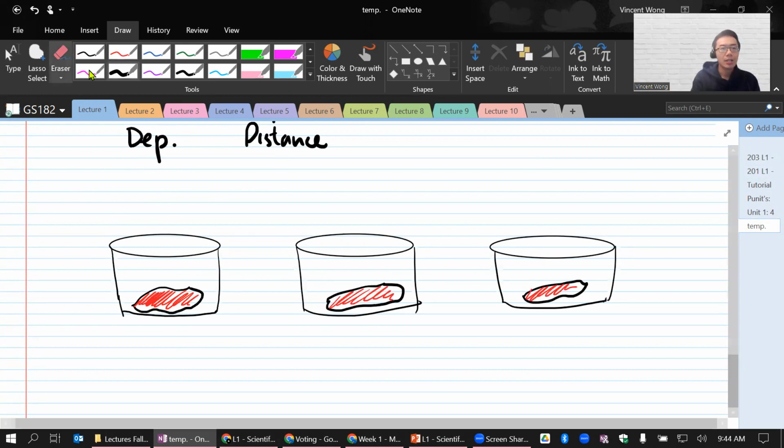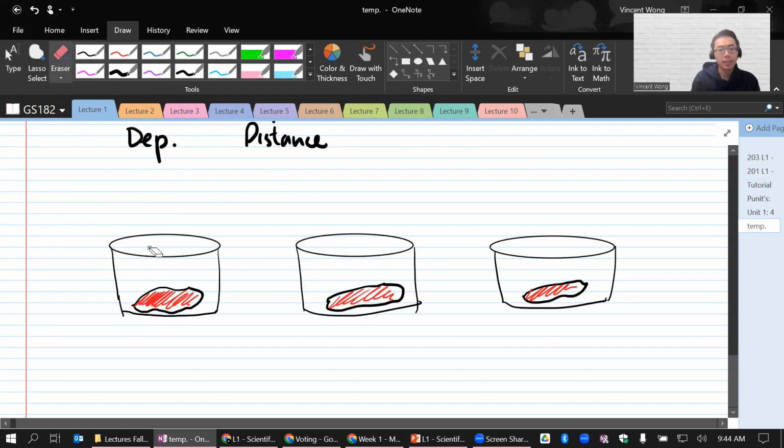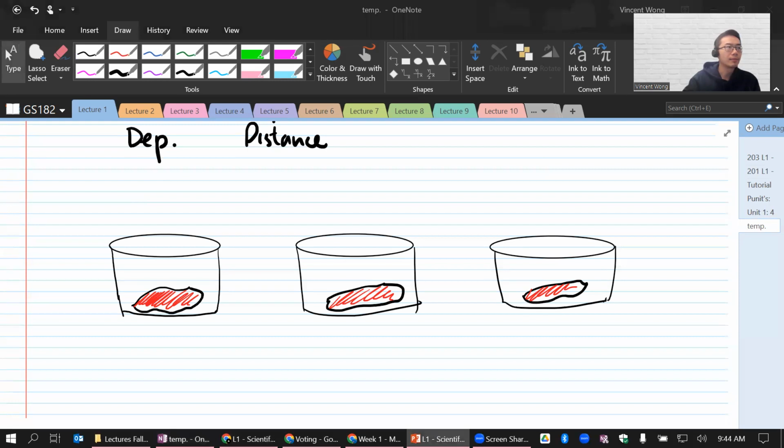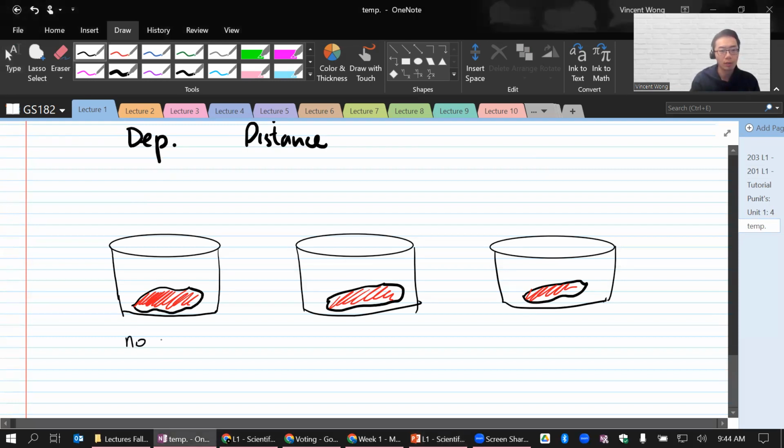Okay. So the first jar is opened. There is no cover in the first jar. Second one, he's going to have a netting.